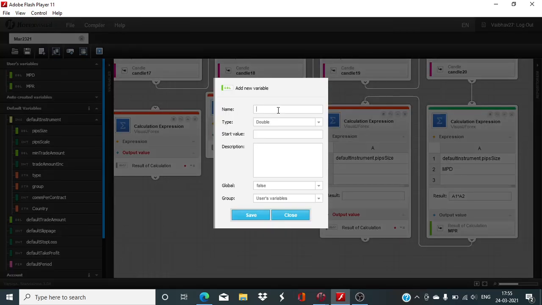So a new variable needs to be created, the upper limit, and it will be 15.